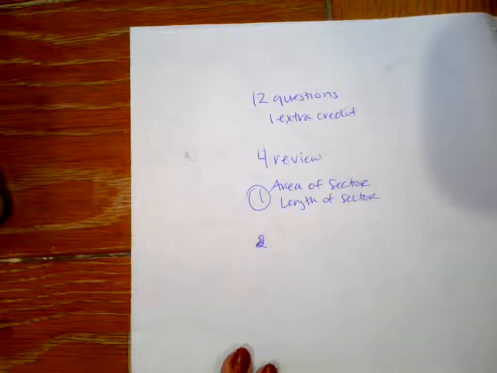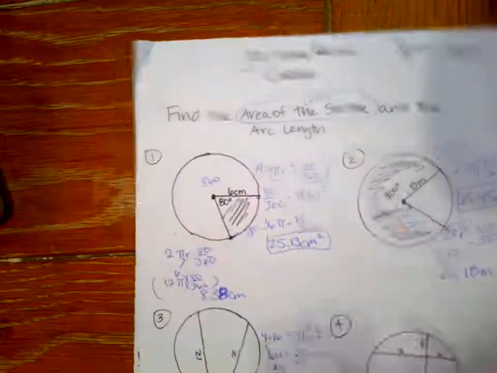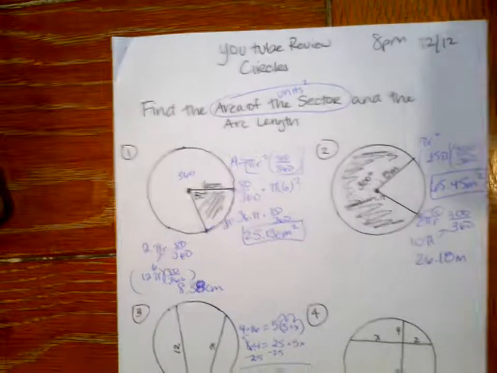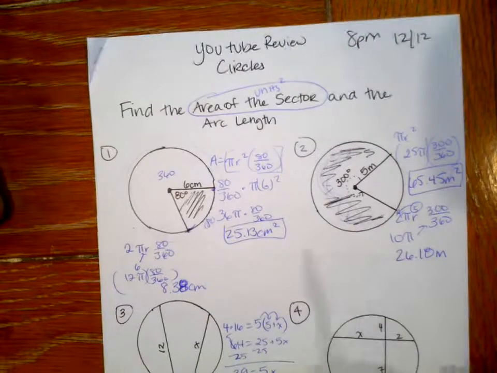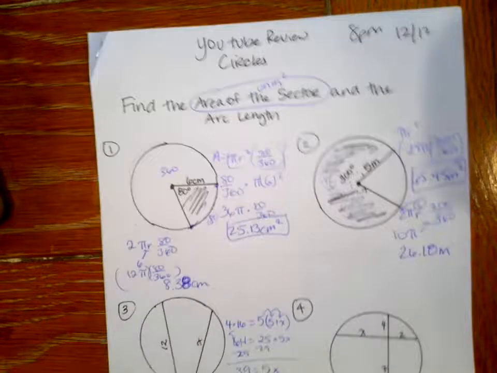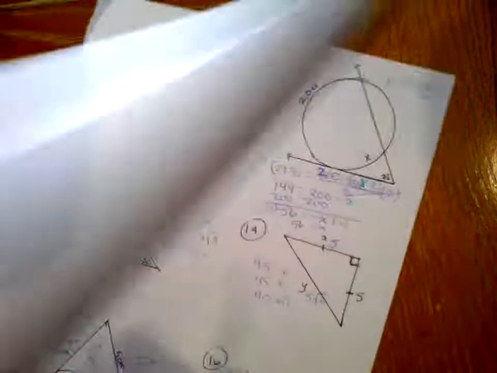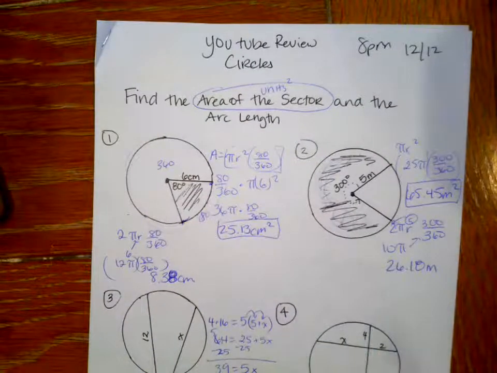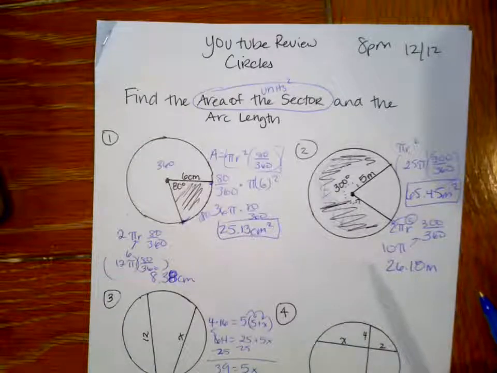Basically, you're going to have one of these, one of these, one of these. You're going to have one of everything on this test. I think that's why there's so few questions. I only had 12 different types of questions, 12 circles, and I kind of did 2 of each. So you're going to have one of each.